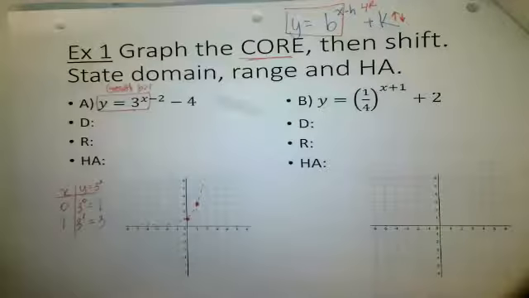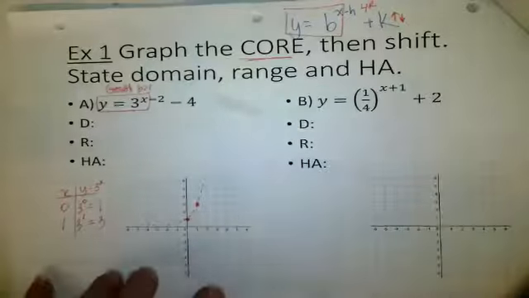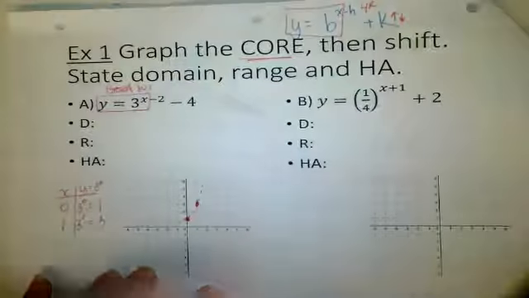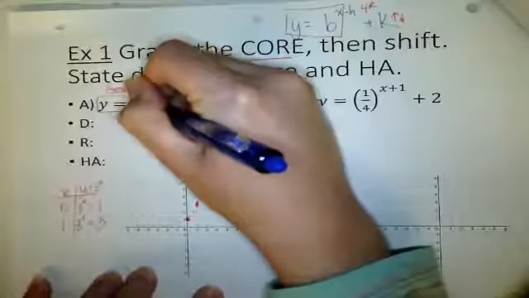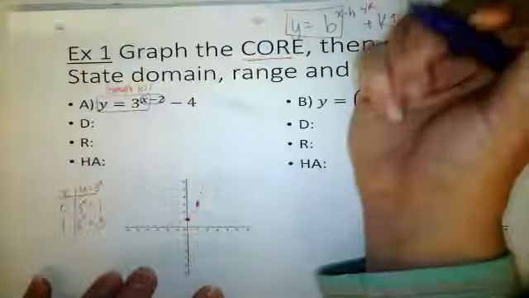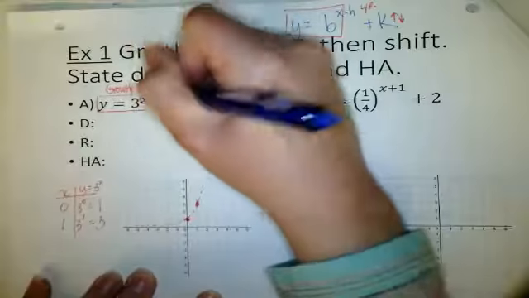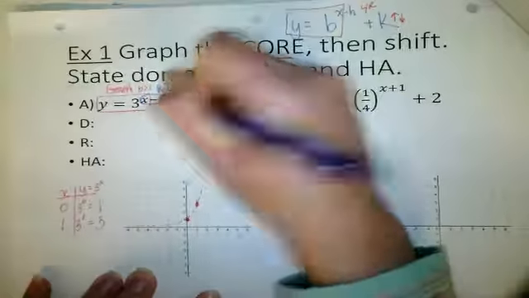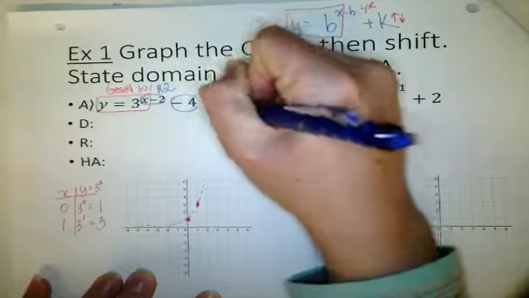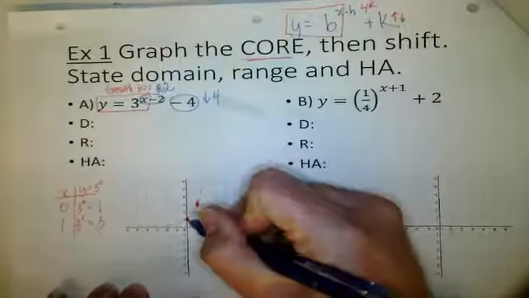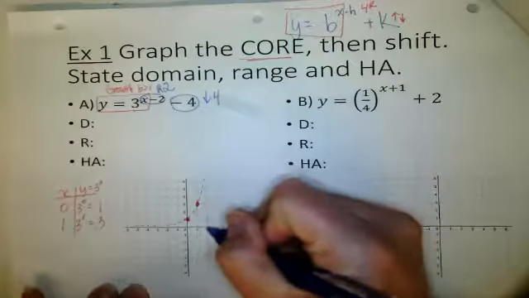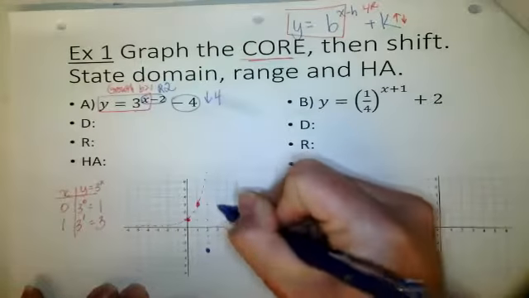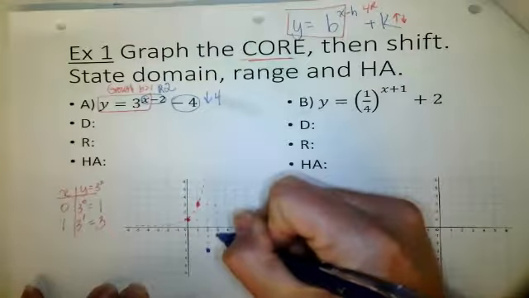Okay. Then we're going to take these 2 values in our exponential growth curve and we're going to shift them. What does x minus 2 do to the graph? Right 2. Good. And what does the minus 4 do? Down 4. So I'm just going to take each point and I'm going to count. Right 2, down 1, 2, 3, 4. Right 2, down 1, 2, 3, 4.